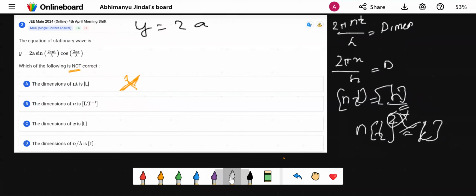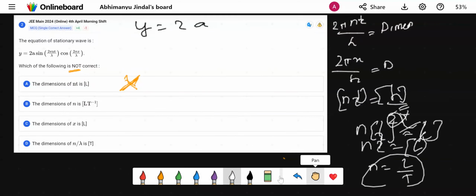Okay. So because nt was L, so n equals L by t, obviously. Come on, bro. Even if you guys didn't know how to solve this, you can tackle these two statements and think of how to eliminate them, because if nt equals L, then n equals L by t. So basically, the two are interrelated to each other.